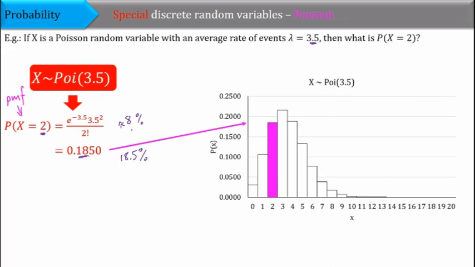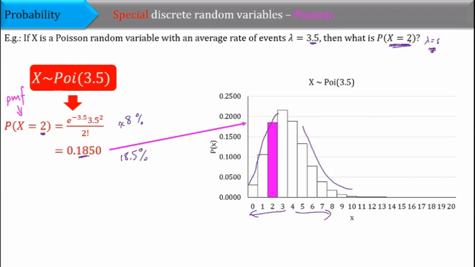So why is this one a lot higher than the previous? Well, for the previous, we wanted the probability of x equal to 2 as well, but lambda was equal to 5. So we know that the high bars will be around 5, and the further away we move from the mean, the lower the bars become. So that means the smaller the probability.